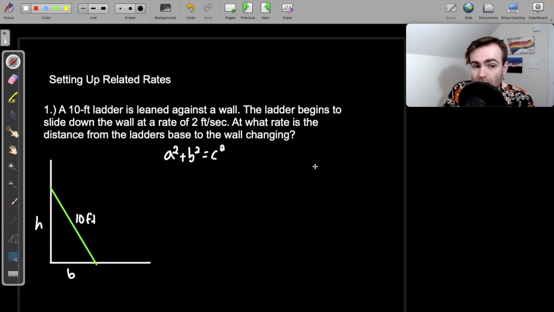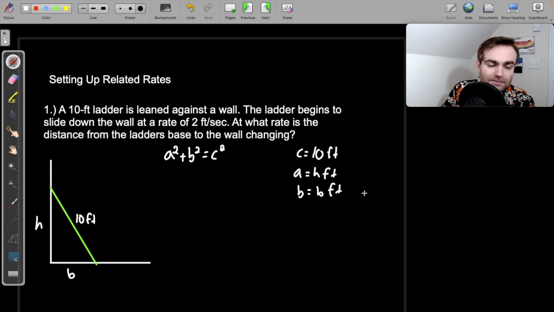Some lists of things that we know, and we are trying to find out. We know that the ladder itself, so the c in this case, is going to be equal to 10 feet. We know that the a is going to be, let's say that the a is h feet. The b in this case would then be b feet.